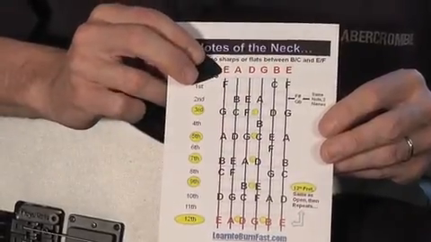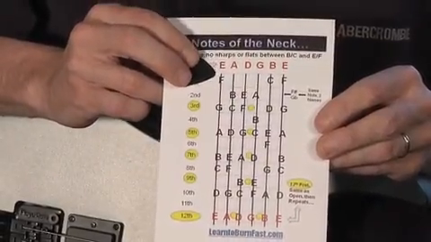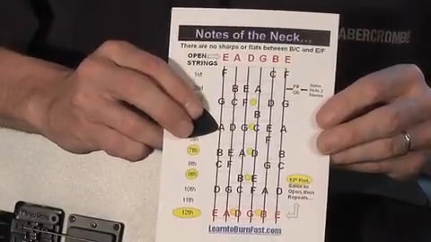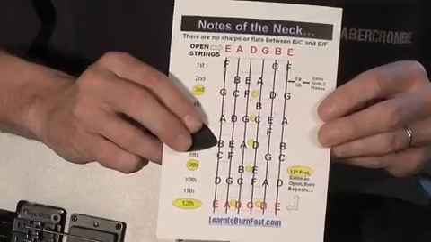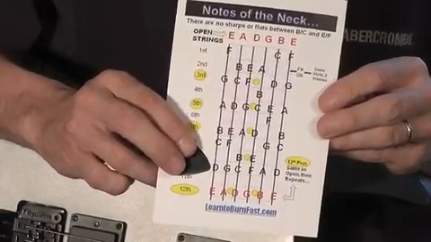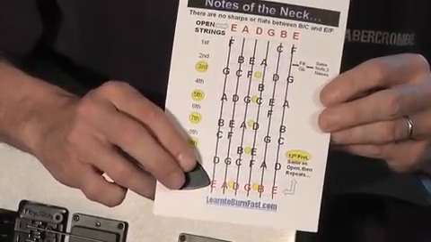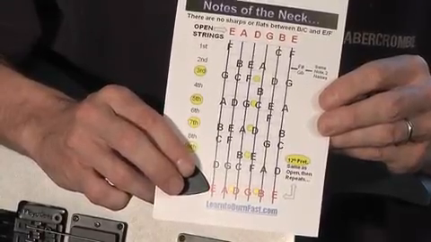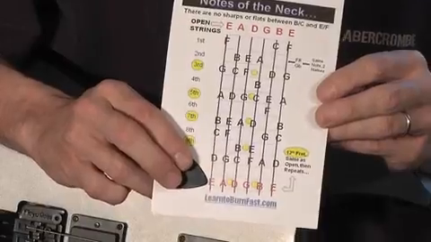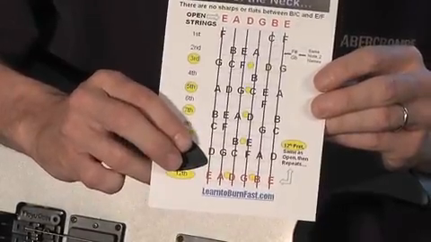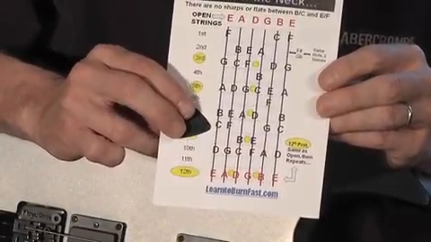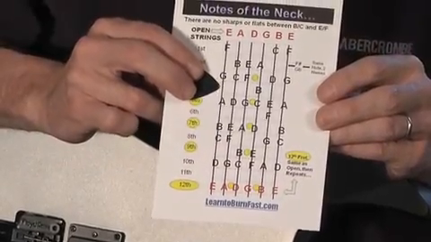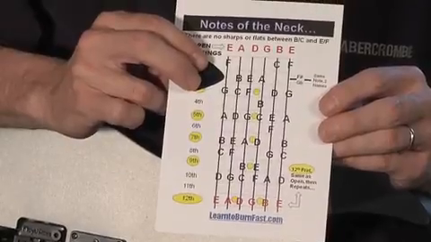So, I'm going to ascend on the sixth string: E, F, F sharp, G, G sharp, A, A sharp, B, C, C sharp, D, D sharp, E. If I was to descend, going down the sixth string, I would take that note and flatten it: E, E flat, D, D flat, C, B, B flat, A, A flat, G, G flat.